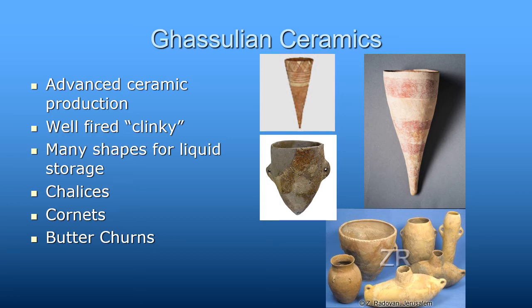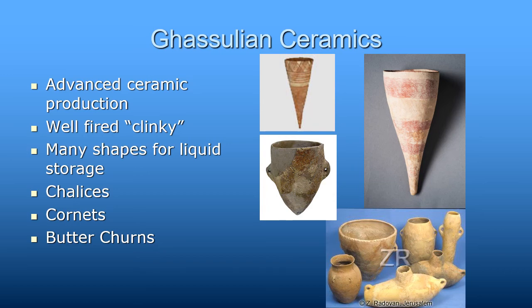Again, this shows the amount of effort put into the construction of these vessels. There's a large variety of ceramic shapes, many of them apparently dealing with the storage of liquids, again perhaps pointing towards the growing importance of oil production in the area.